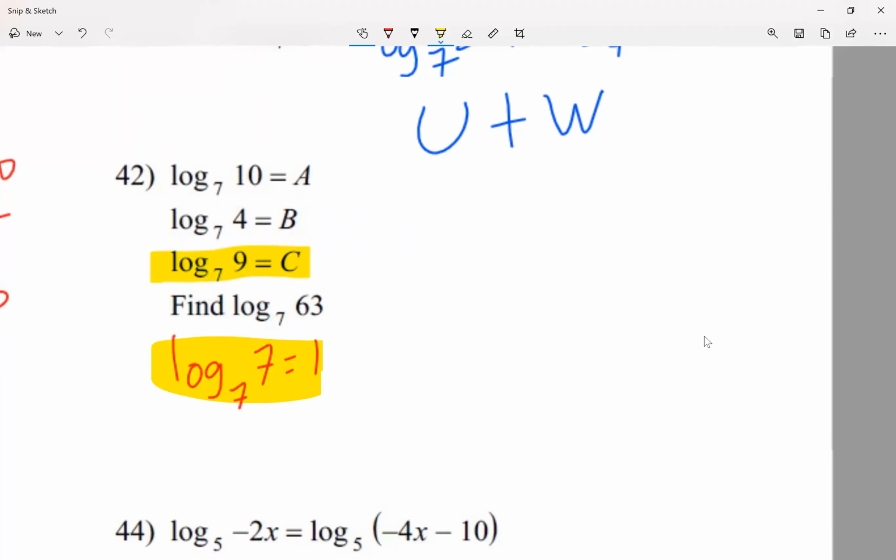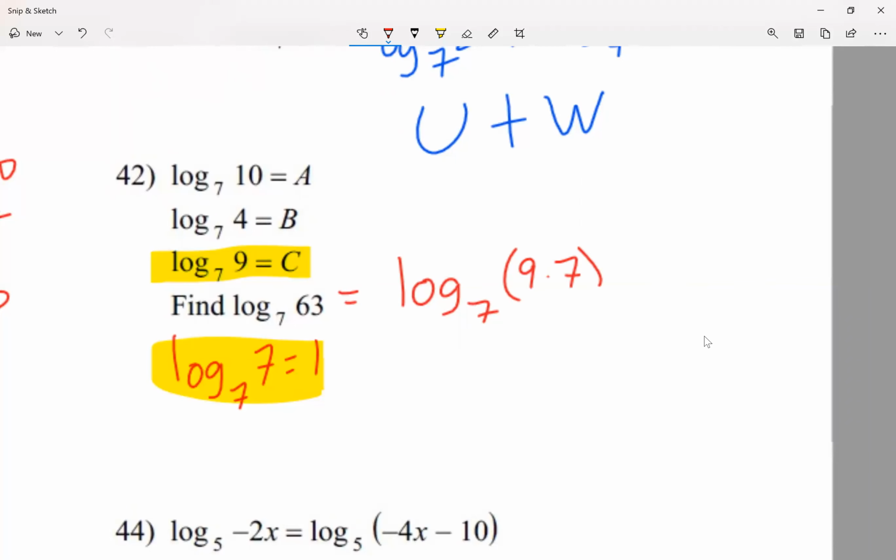To help you a little, I'm going to use this too. Okay, so I'm finding log base 7 of 63. And I'm going to use the two that I highlighted. So let me write this as log base 7 of 9 times 7. Right? Isn't 9 times 7 63?